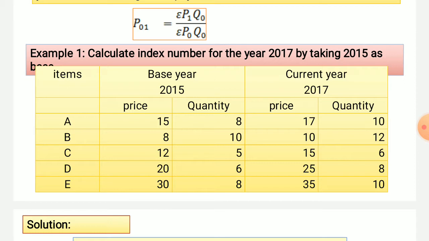Calculate index number for the year 2017 by taking 2015 as the base. The items are given, base year 2015 price and quantity, and current year 2017 price and quantity are given.